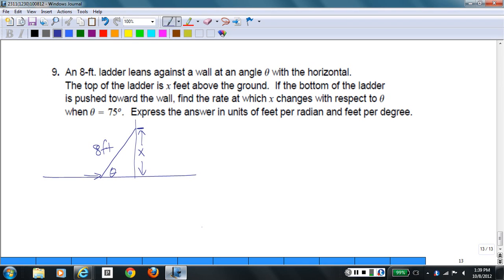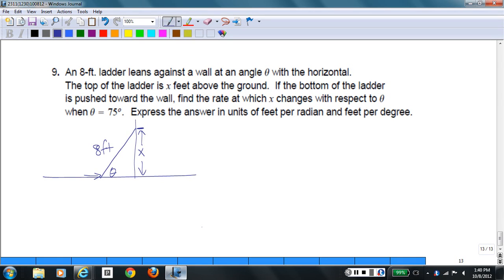So I don't know how far the ladder is against the wall. It's push, push, push, push. At some point, maybe theta equals 75 degrees. At that point, if theta were to increase by a certain amount, a certain number of radians, I guess I should say, what should we multiply that by to predict how much higher that ladder will go up on the wall?